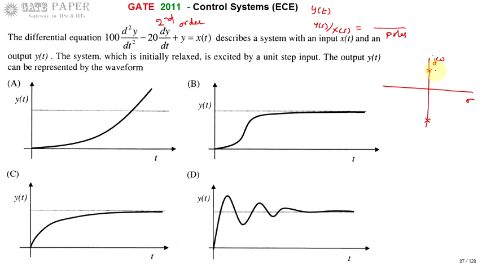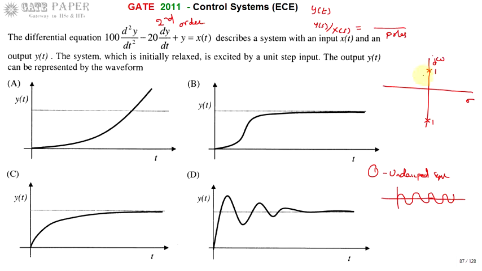This type of system is called an undamped system, and the output waveform looks like a sinusoidal waveform that does not get reduced. You get undamped oscillations.